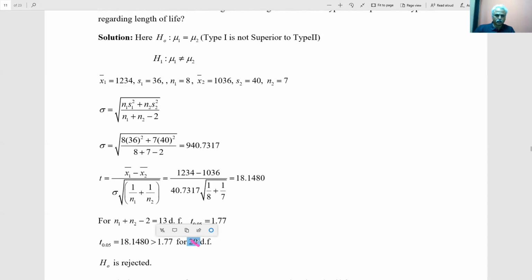This should be 13, and this should be 2.18 according to the actual table. But anyway, this is bigger than this.